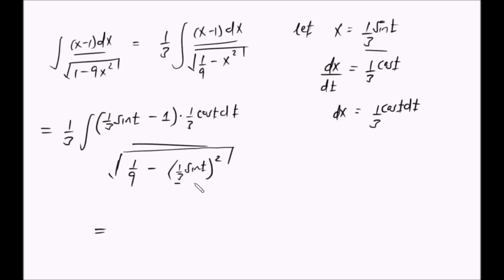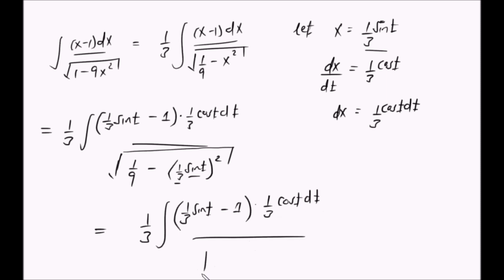So nikisquare 1 over 3 sin t, I only get 1 over 9 sin squared of t. So itakuwa ni 1 over 3, so we have 1 over 3 sine of t minus 1 times 1 over 3 cos t dt over, so hapa chini tutakuwa tuna 1 over 9 minus, nikisquare huyu sasa inakuwa ni 1 over 9 sine squared t, like this.